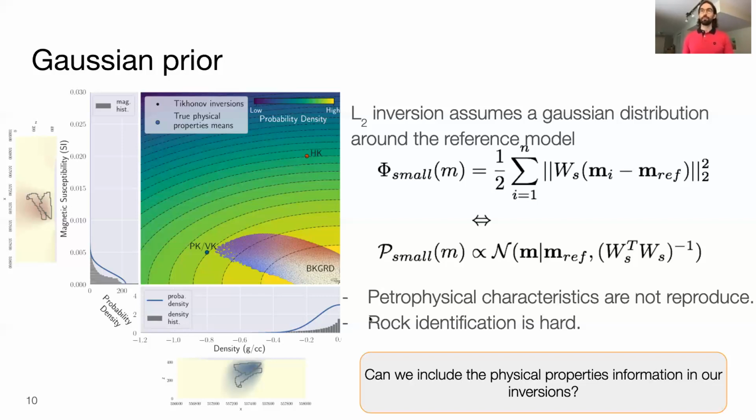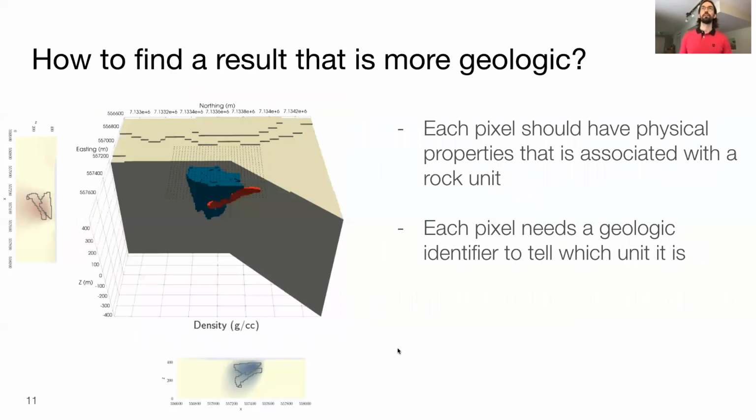So my goal today is to address those two problems by including additional information in the inversion, so that I recover from inversion a result that is more geologic. And for that, I have two progress to make.